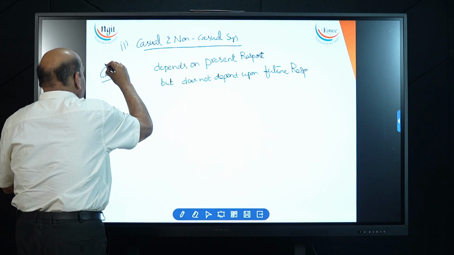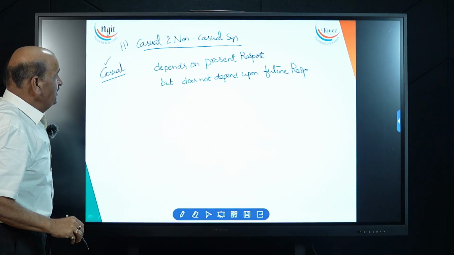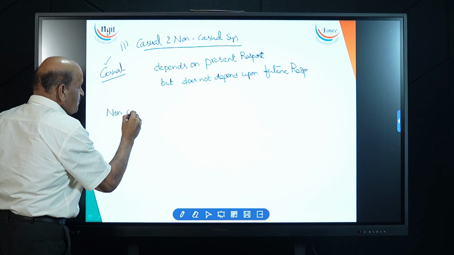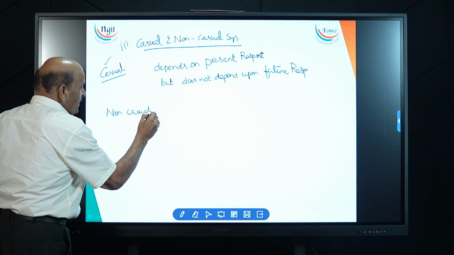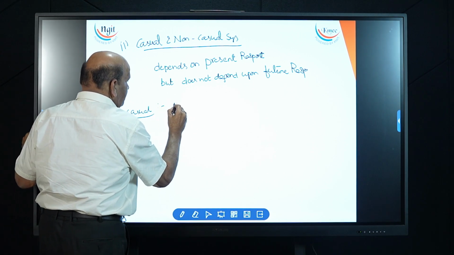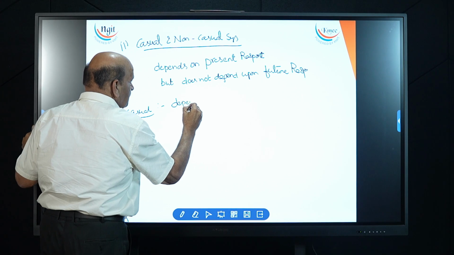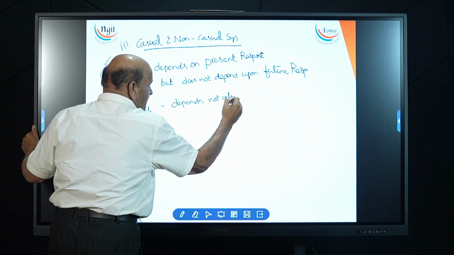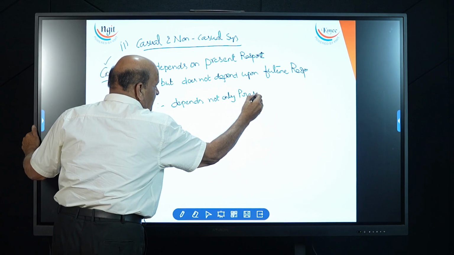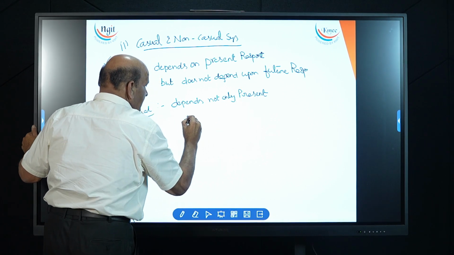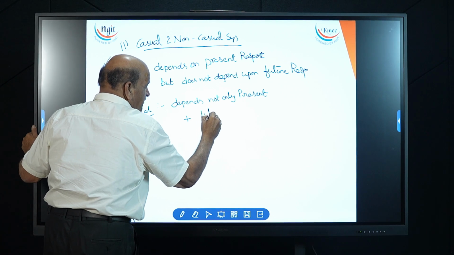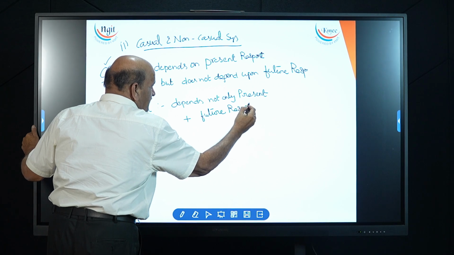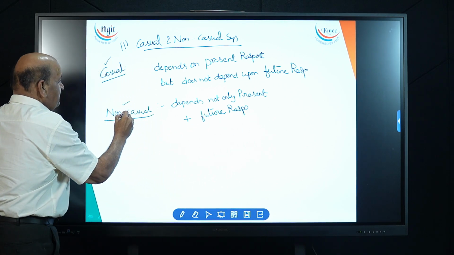That is called a causal system. What is non-causal? Non-causal means the system depends not only on the present response but also depends upon the future response. That is called a non-causal system.